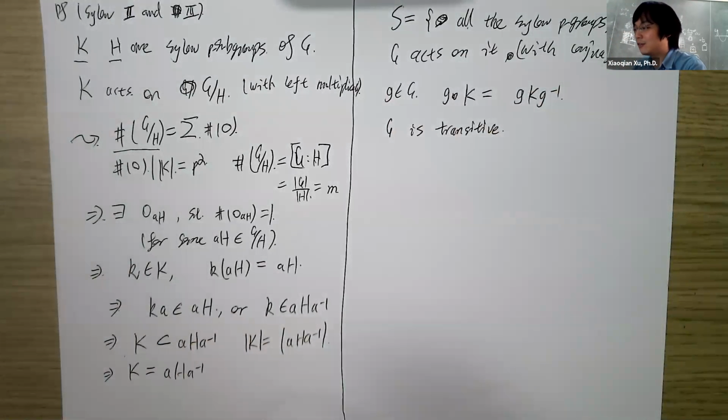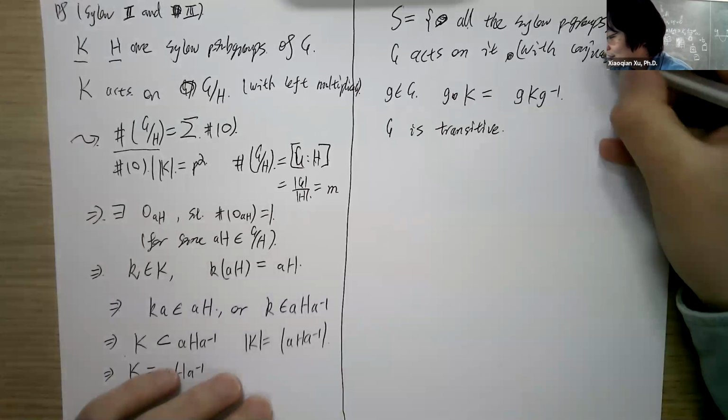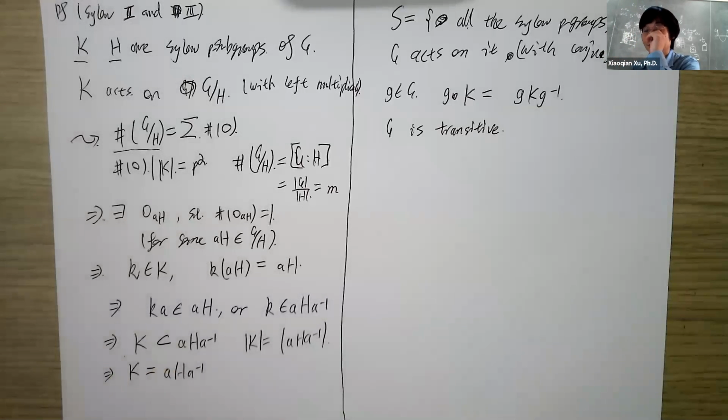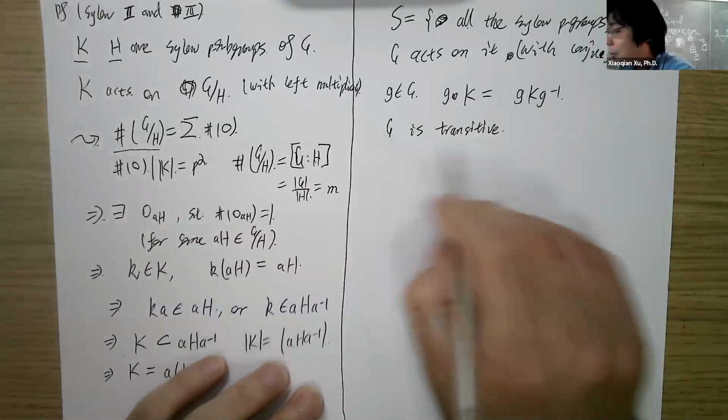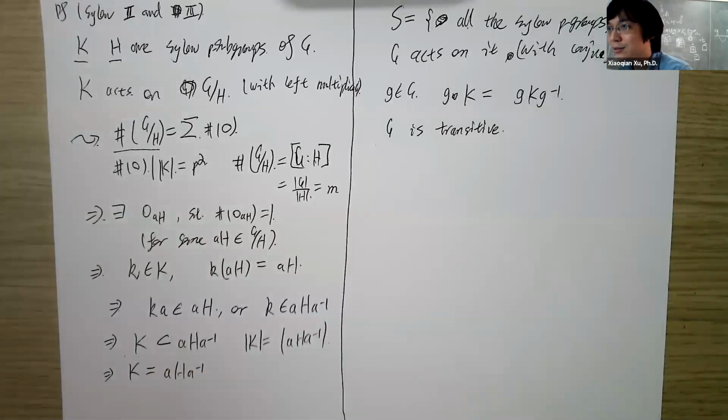Any two of these Sylow P groups can be connected by some element in G by taking the conjugate, right? Which means you only have one orbit, which in some fancy word, G is transitive. This action is a transitive action.